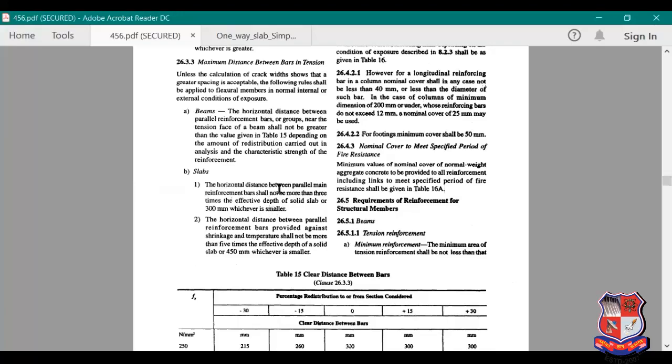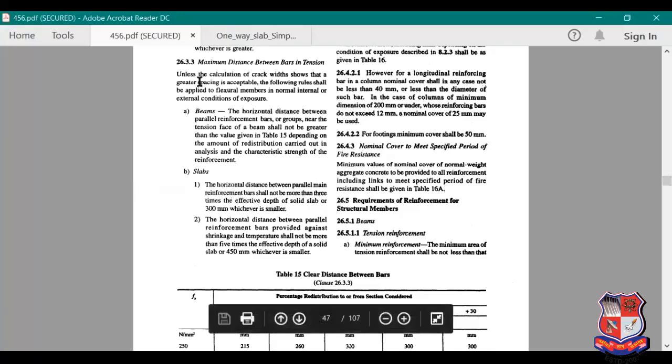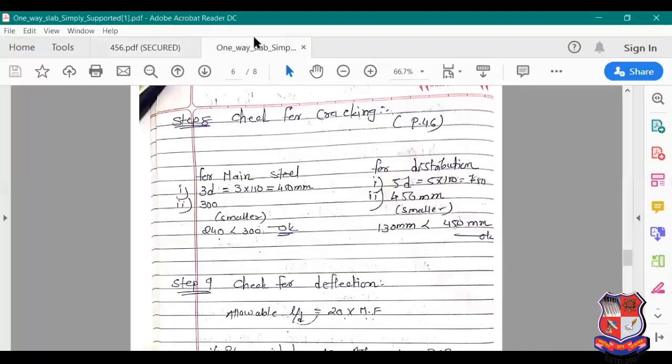It is about main reinforcement here, and the other is about distribution. Both clauses are different. So for main steel, it is either 3D or 300, the smaller of these values. And for distribution, it is either 5D or 450, whichever is smaller.